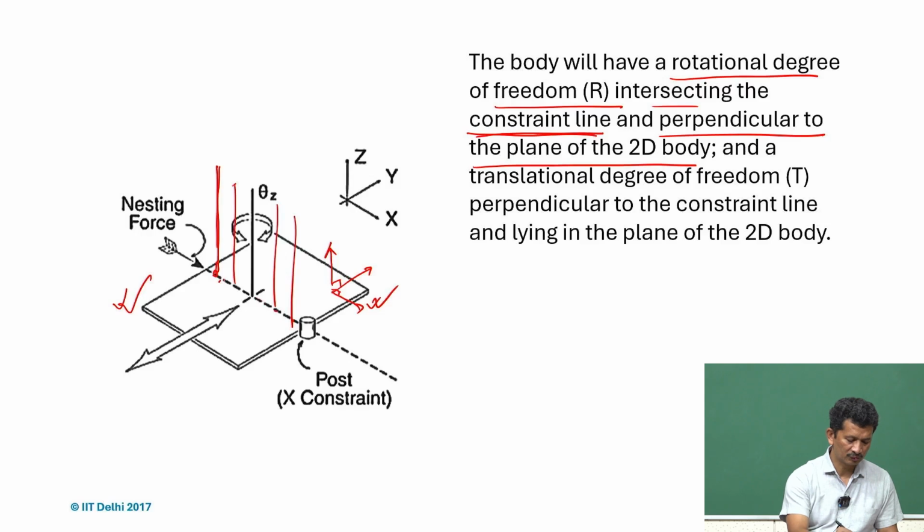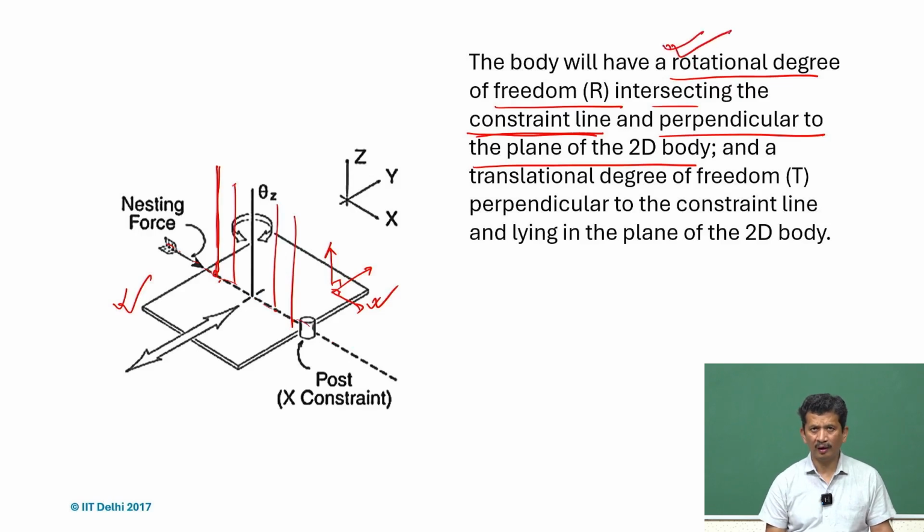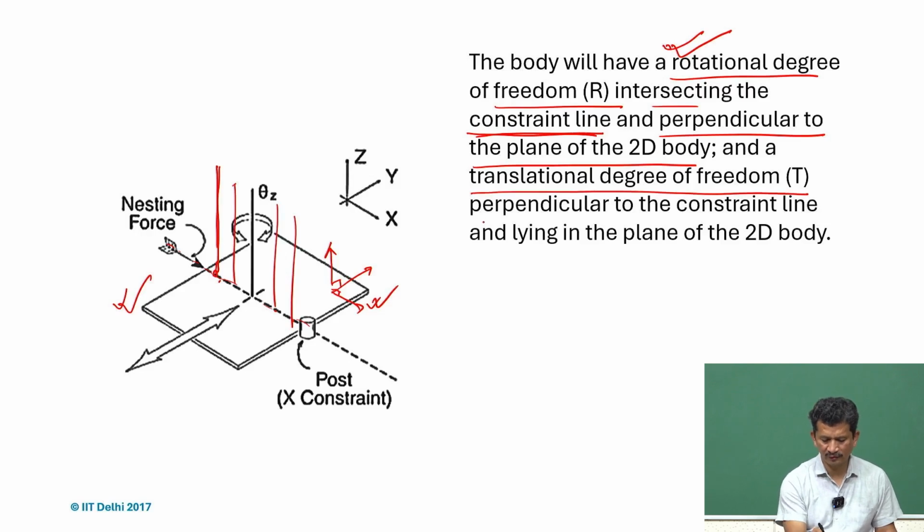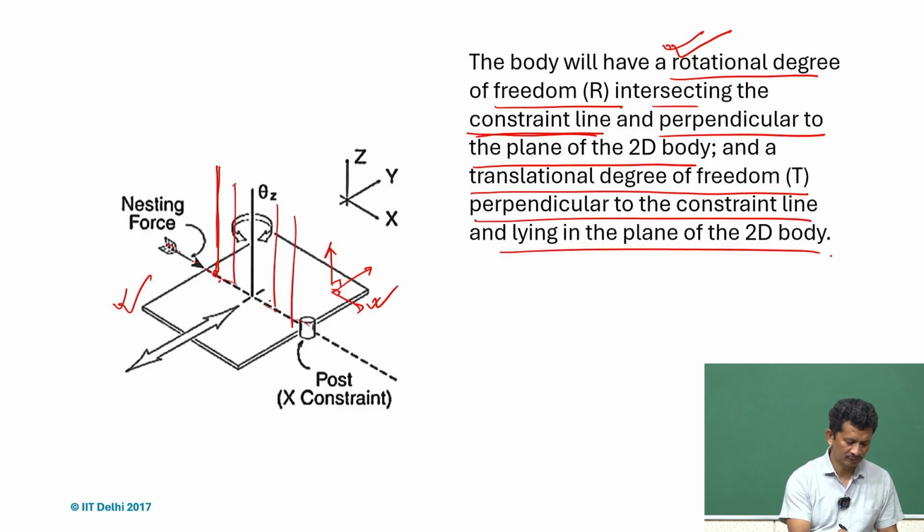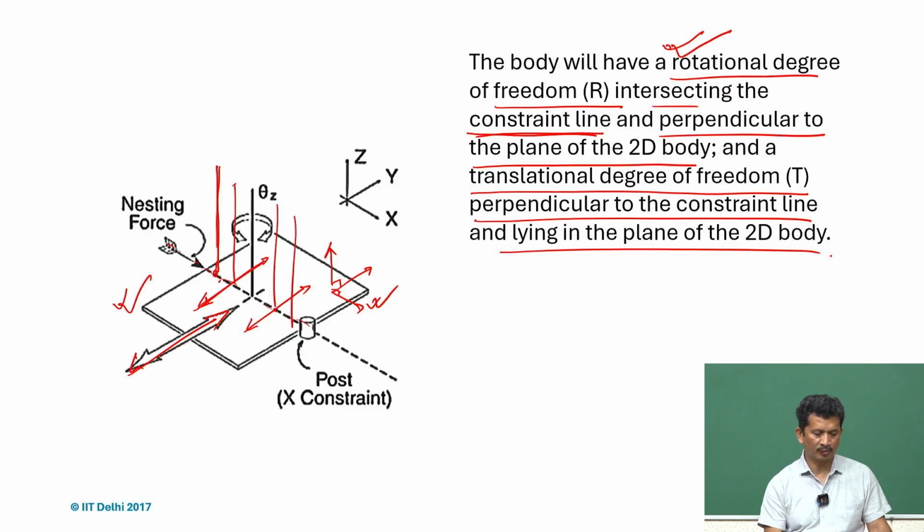So, there will always be a rotational degree of freedom about that, and there is a translational degree of freedom perpendicular to the constraint line. So, that is what we mean. This is the constraint line, and this motion is always possible.